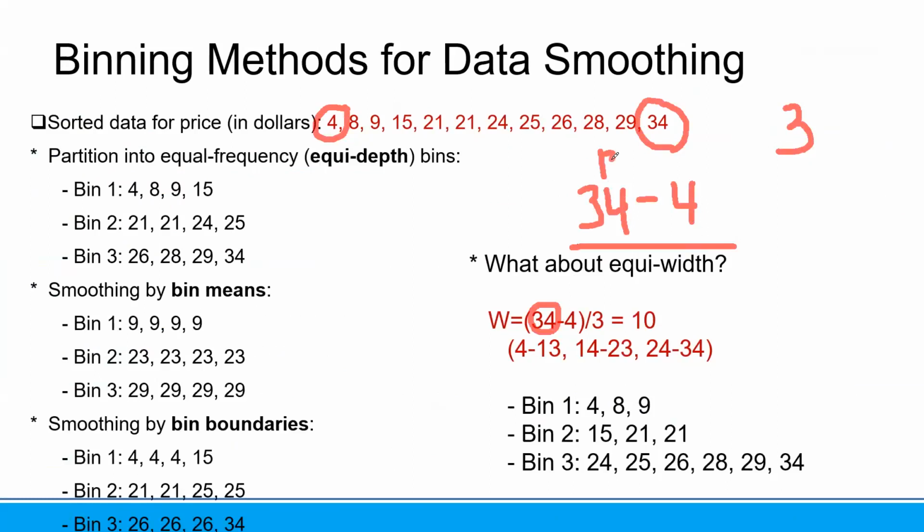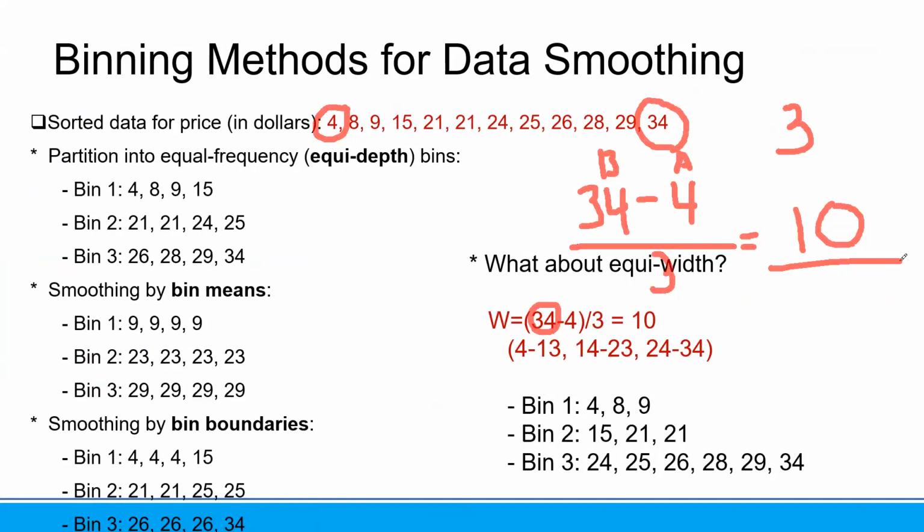So this is B, this is A, and then we divide by N, which is 3. So the width will be 10. What does this 10 mean? I will make a difference of 10. The minimum is 4.